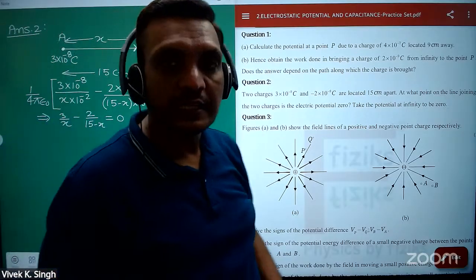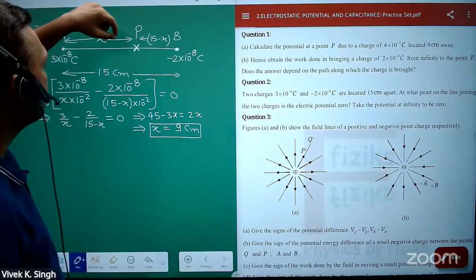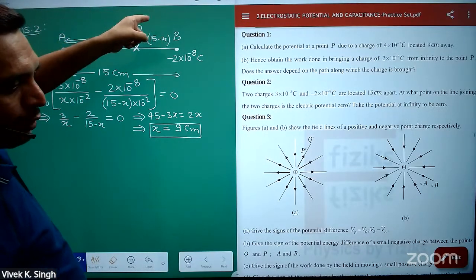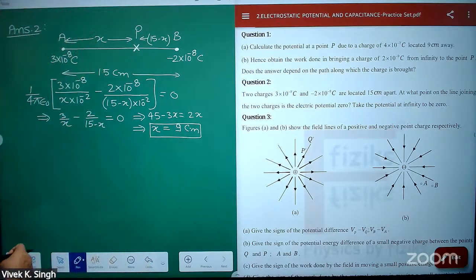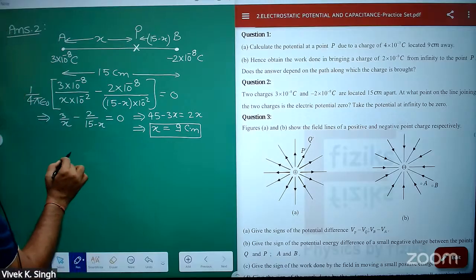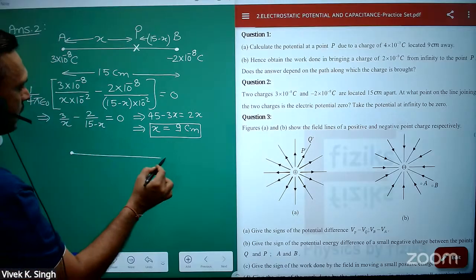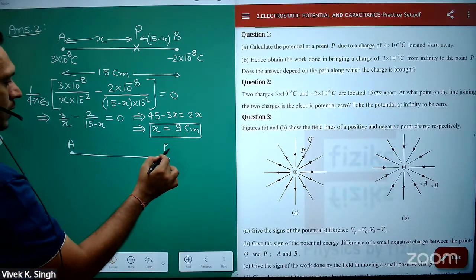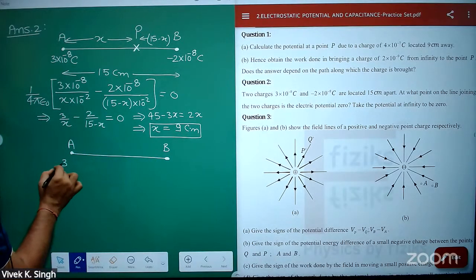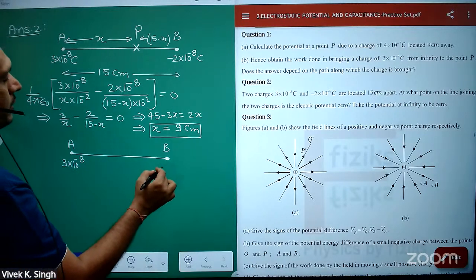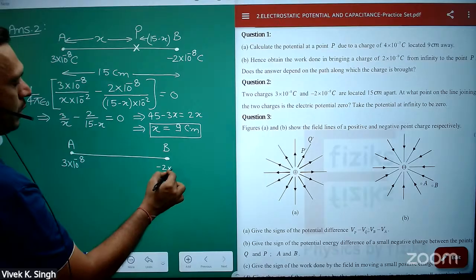Now in this case, I have assumed that point P is in between AB. But you can think of another point that is outside this range, AB. So in that situation, let's see, this is A, this is B, 3 into 10 to power minus 8, and this is minus 2 into 10 to power minus 8.